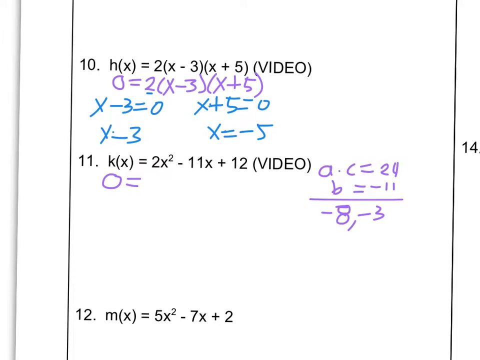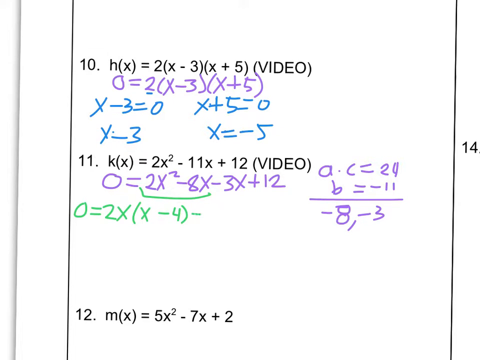So that would give us 2x squared minus 8x minus 3x plus 12. When we go into grouping, the first 2 I can take a 2x, and I'm left with an x and a -4. The second two I can take out a minus 3, and when I divide that, I get an x and a minus 4.